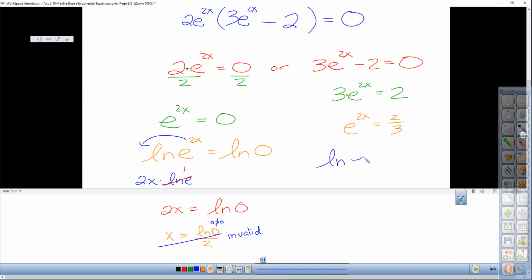So the natural logarithm of e to the 2x equals the natural logarithm of 2/3. Undo our exponent: 2x times the natural logarithm of e. Simplify the natural logarithm of e: 1 times 2x is 2x.